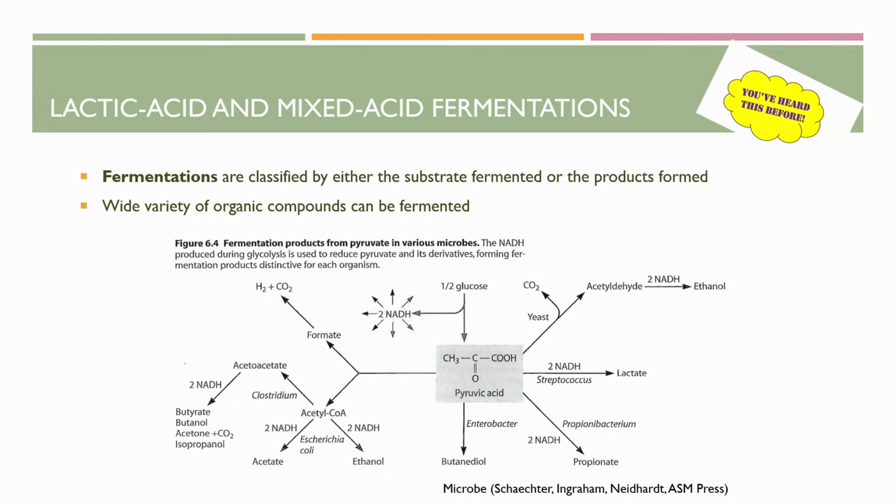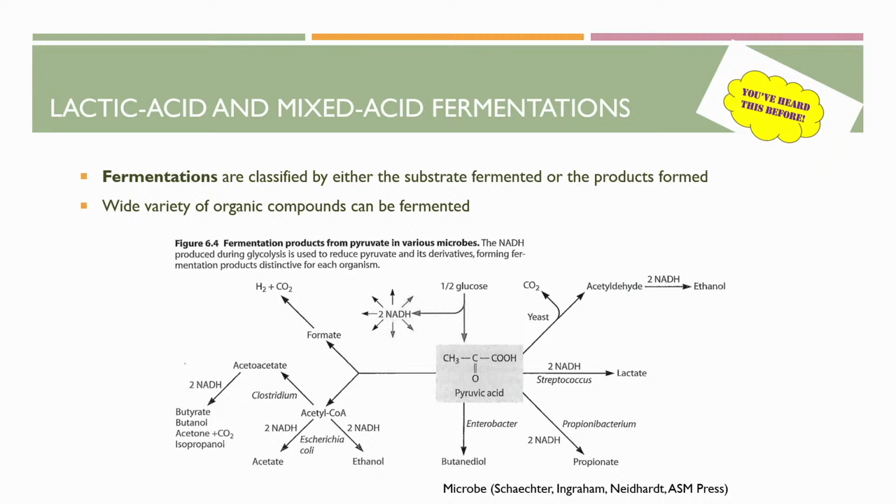So one of the ways that microbes get their energy is through fermentation. There are different types of fermentation, and you have heard this before, but the fermentation type is classified by either the thing that's being fermented, the substrate, or the products that are formed.